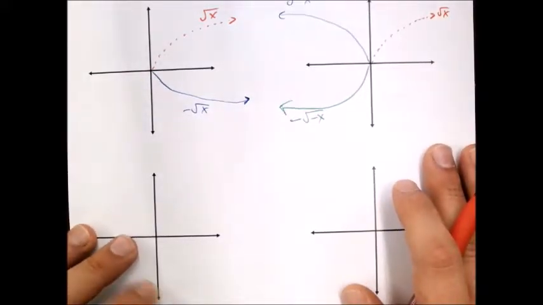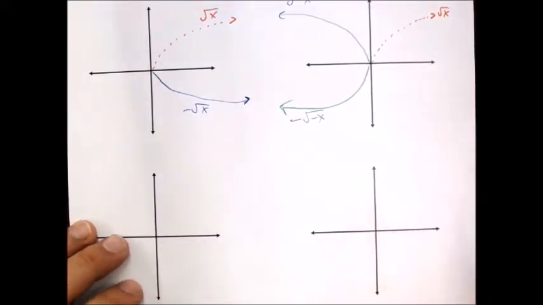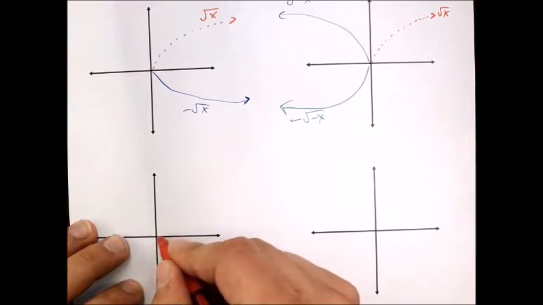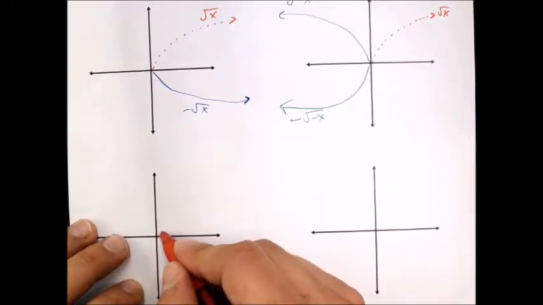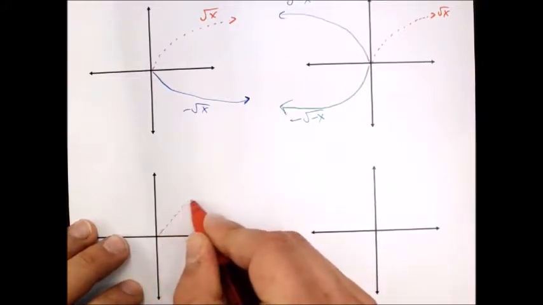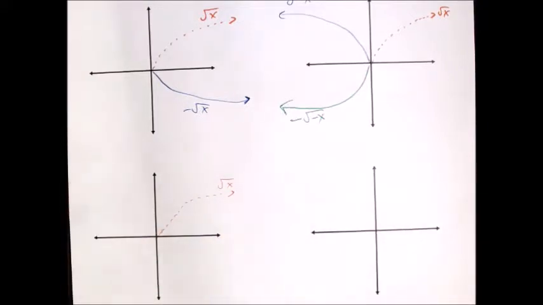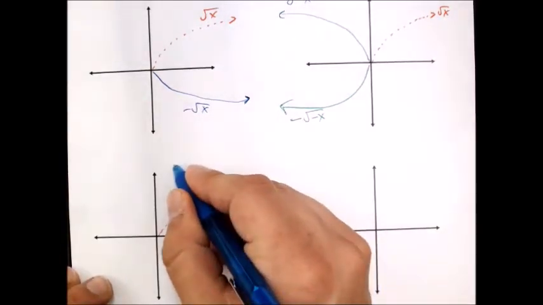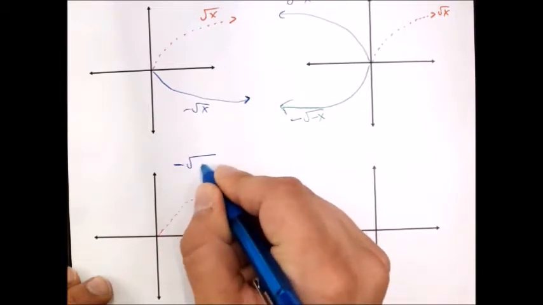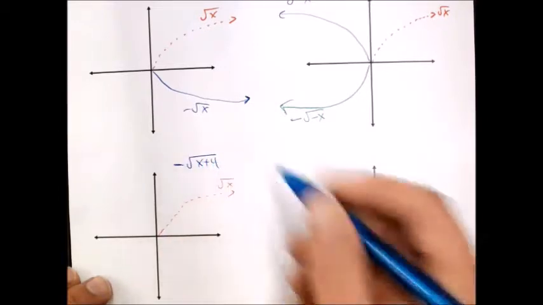Let's look at another one where we combine a couple. Let's stick with square root on this one again. Let's start again with square root of x, and let's do something from the last page and this page. What is the minus square root of x plus 4?